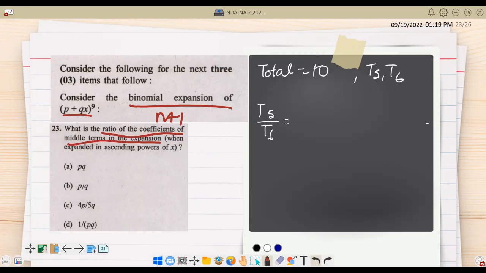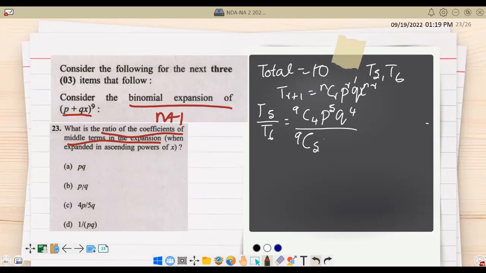So if we apply the T(R plus 1) term formula, that is NCR P^R Q^(N minus R) X, then T5 by T6 will become 9C4 P power 5 Q power 4 divided by 9C5 P power 4 Q power 5.